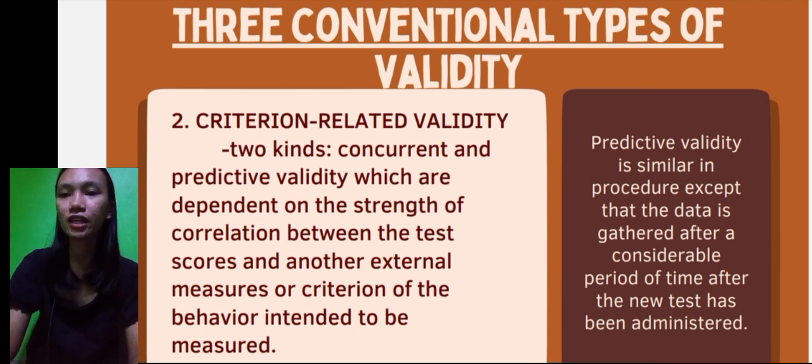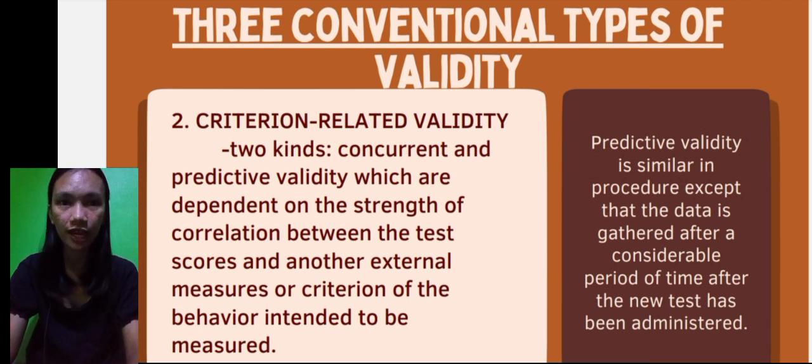The criterion-related validity has two kinds that differ in terms of assuring what the test measures. A significant correlation between the test scores and another related test administered at almost the same time frame indicates concurrent validity, and that the former similarly measures what the other external test is measuring.